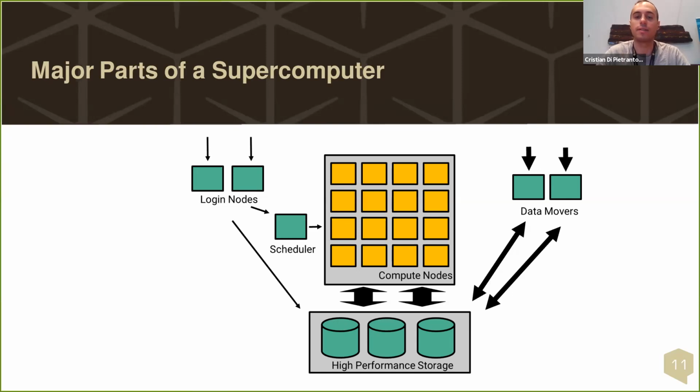High-performance storage provides a very large amount of space where users can write to or read from at a very high data rate. The storage is visible from every node in the system to provide an easy interface for programs to read from and write to.